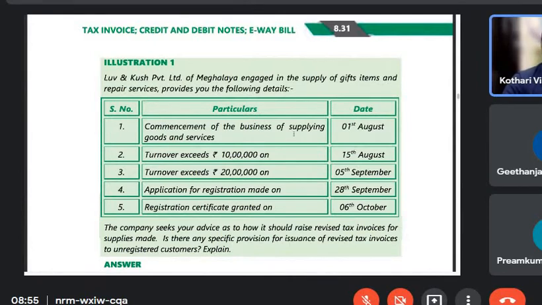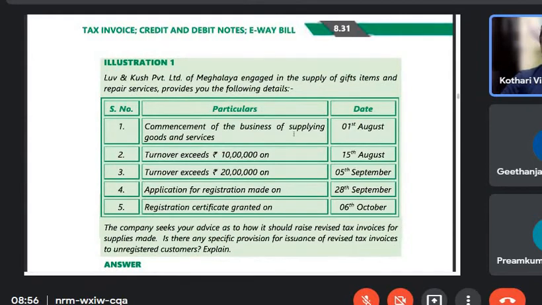Turnover exceeds 20 lakh on 5th September. Application of registration made on 28th September. Registration certificate granted on 6th October. Company seeks your advice as to how it should raise invoice for supplies made. Is there any specific provision for issuance of revised tax invoice to unregistered person?